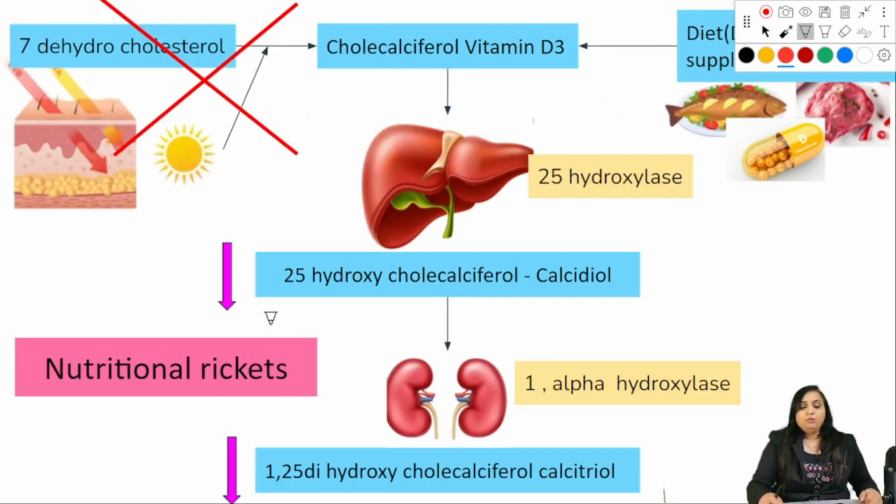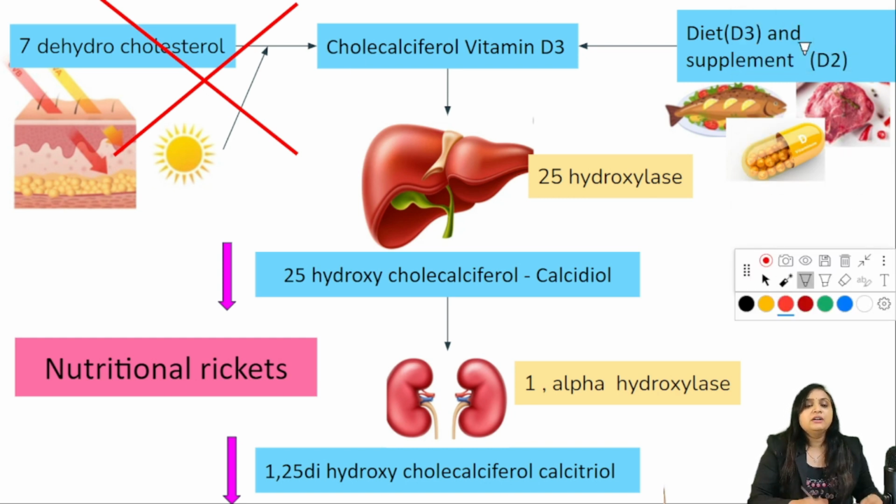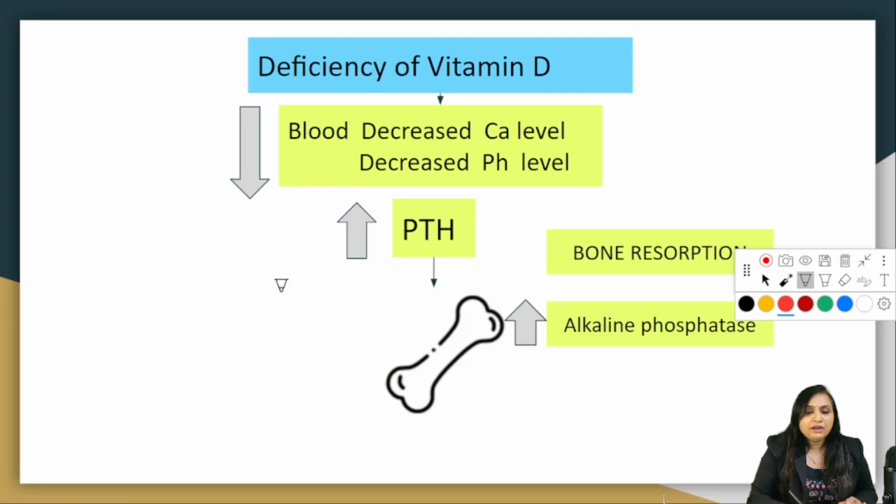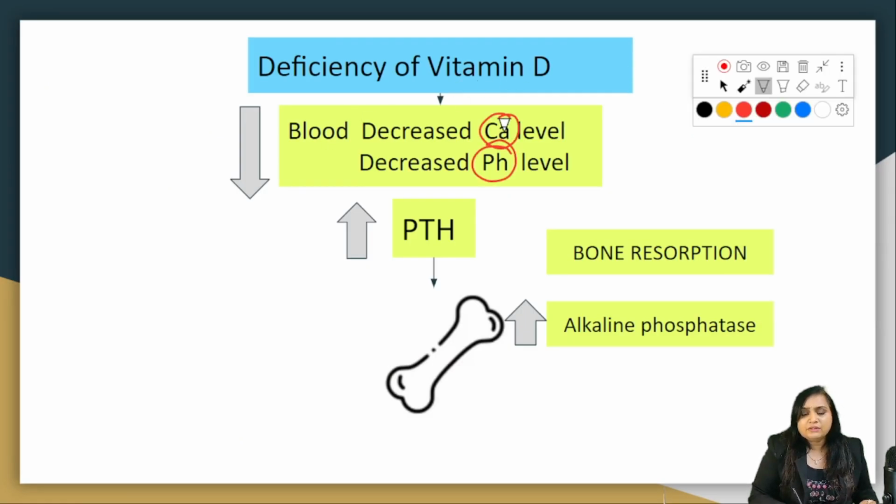So what is happening in nutritional rickets? We all know either there is no sunlight or there is no dietary supplement. So the end result will be no raw material to form an active form of vitamin D. In nutritional rickets we'll have a reduced blood calcium level, reduced phosphorus level, and because of the feedback mechanism we'll have an increased parathyroid hormone, there will be bone resorption, and there is increased alkaline phosphatase level.